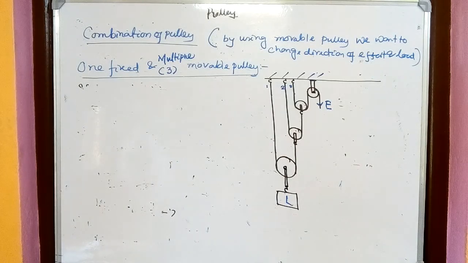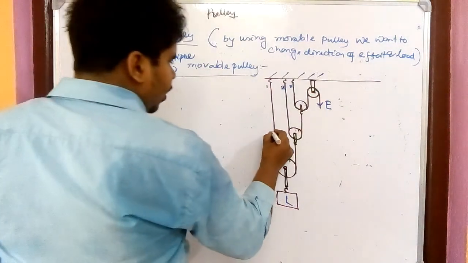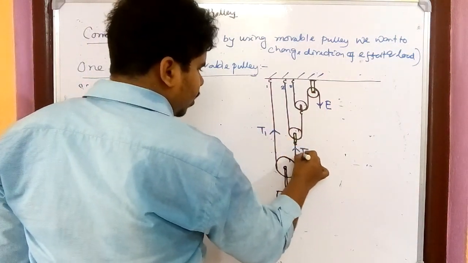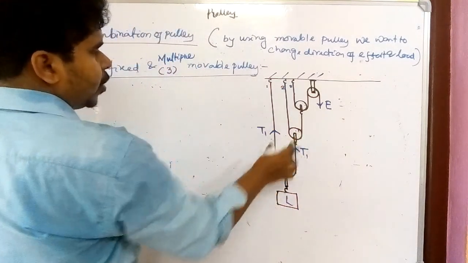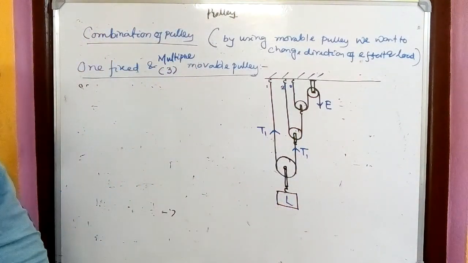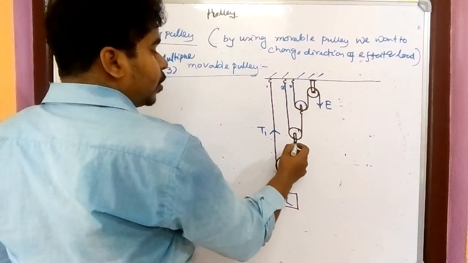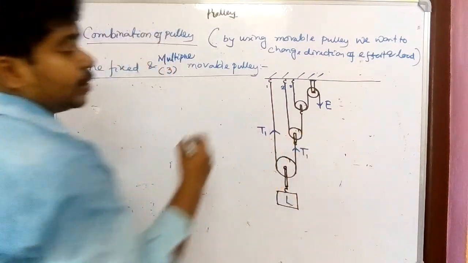Here we are not taking the same string, so the tension should be different. For the first string the tension is T1, and here also it is T1, where it is fixed. The tension is acting upward. Who will supply this T1?